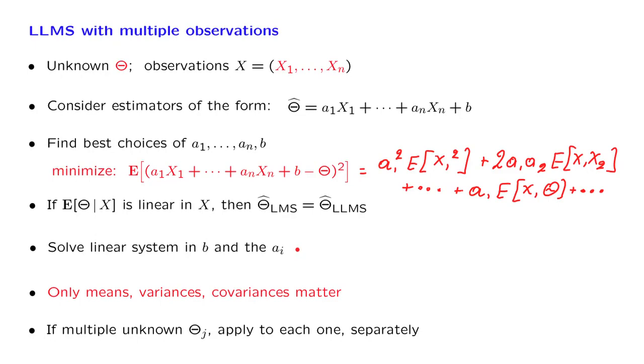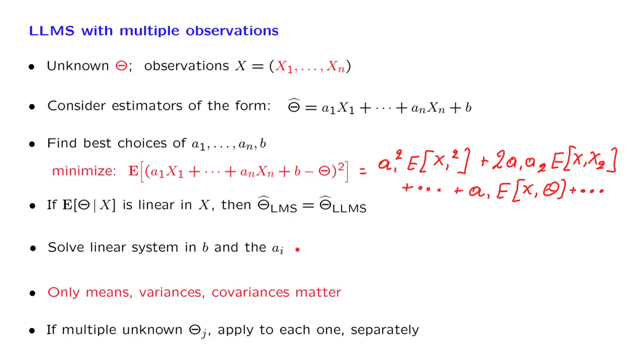And then there's going to be many more terms. Some of them will also involve products of theta with this. So we might see a term of the form a1 times the expected value of x1 theta. And then there's going to be many more terms.